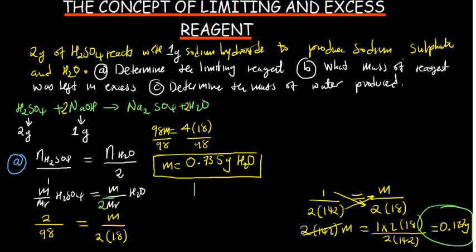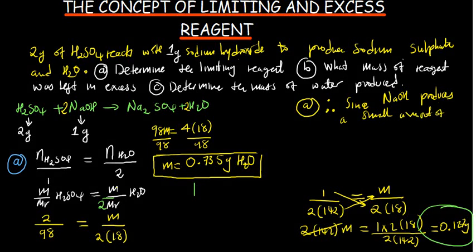You are going to say for part A, after you do all these, you are going to say therefore, since you need to write a statement when you are answering in an exam, since sodium hydroxide produces a small amount of water than sulfuric acid, then sodium hydroxide is the limiting reagent.